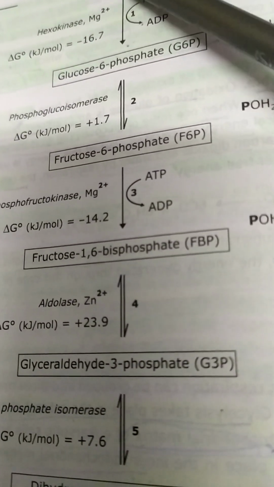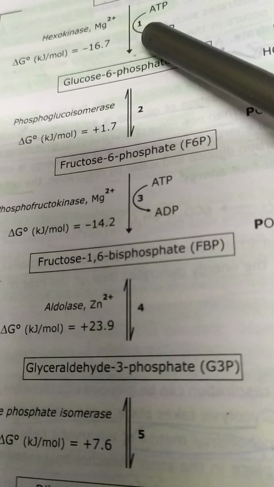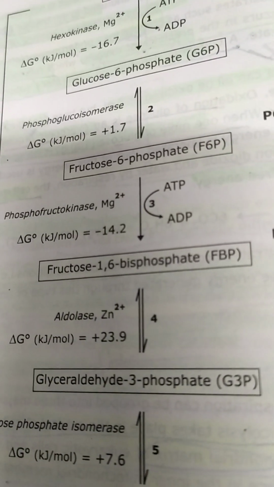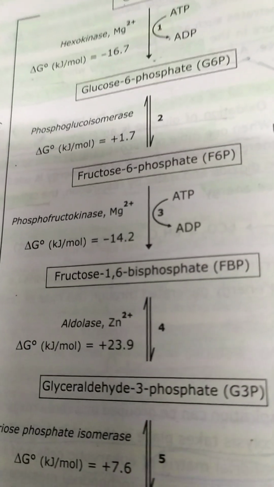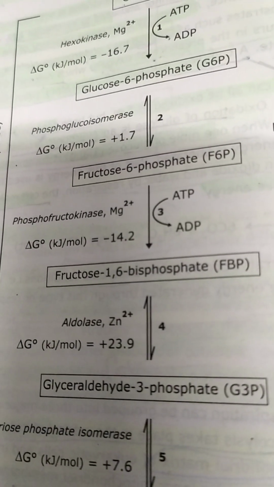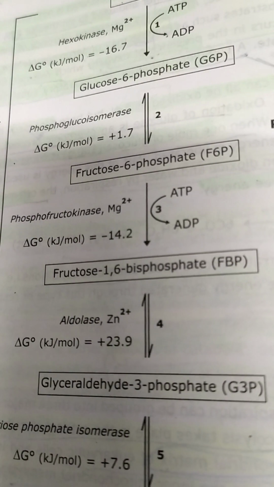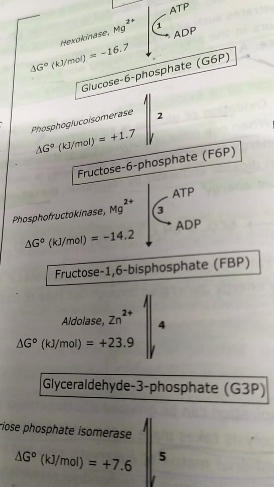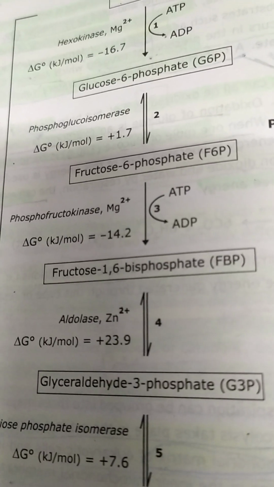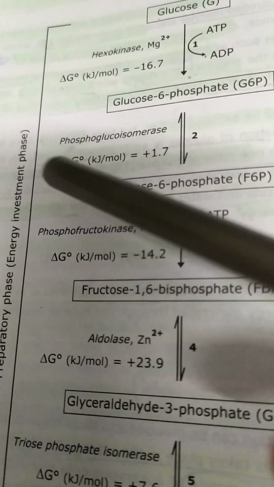The phosphorylated form of glucose is then isomerized to form fructose 6-phosphate, and fructose 6-phosphate is phosphorylated, and fructose 1,6-bisphosphate is produced by the action of phosphofructokinase.